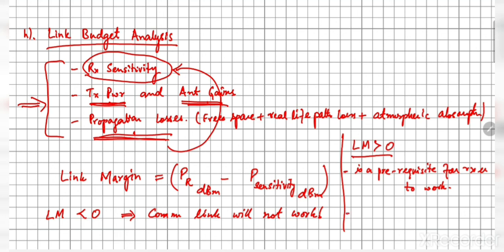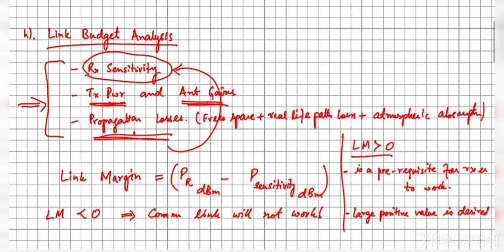and a large positive value is desired in order to ensure that the link is working, even if some of the assumptions that have been used in the analysis are violated.